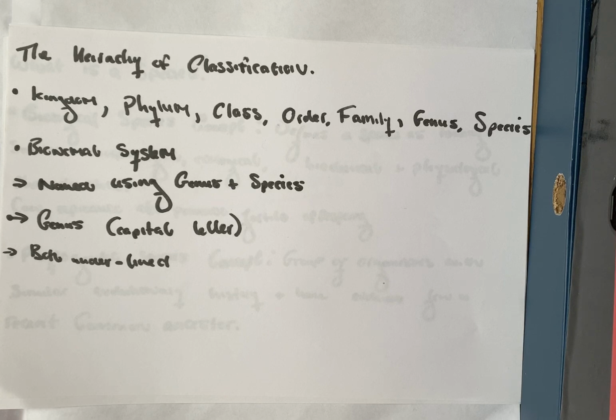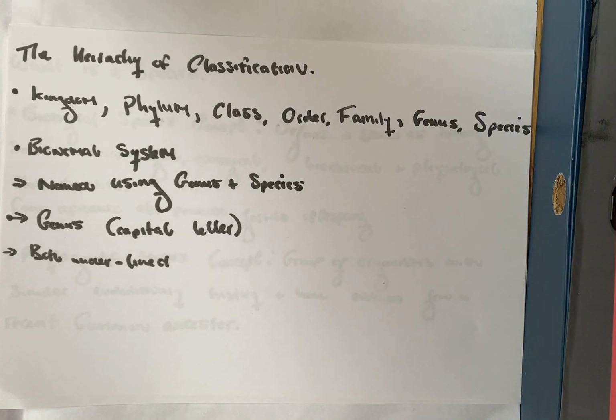So that means you have three domains altogether. You have eubacteria and archaea, and then you have eukaryota, which incorporates all eukaryotic organisms, whereas the two prokaryotic are separated into either eubacteria, because they have non-coding DNA within their genetic sequence, or archaea, which have no non-coding RNA in their genome.